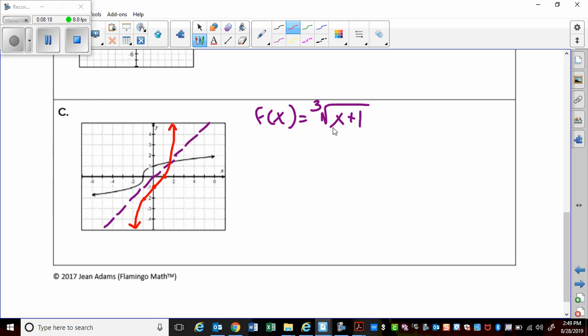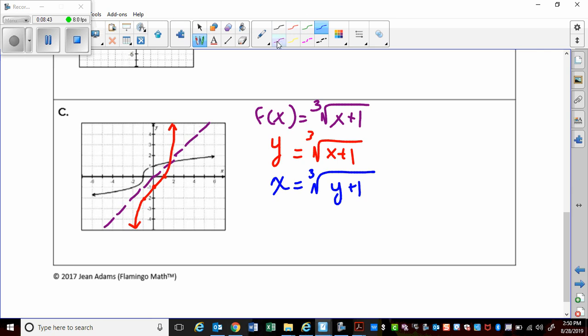line y equals x. Now, in order to find out what it looks like algebraically, so we can actually put it in our calculators and look at it, I'm going to first write y equals the cubed root of x plus 1. And then I'm going to switch my x and y to find out what my inverse is algebraically. X equals the cubed root of y plus 1.